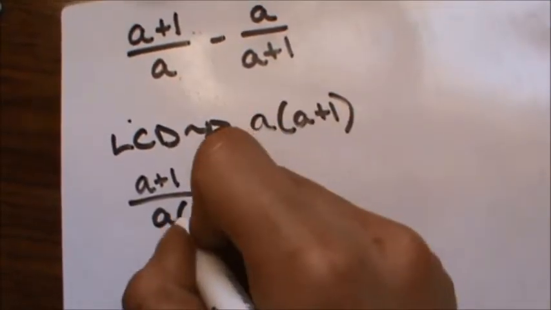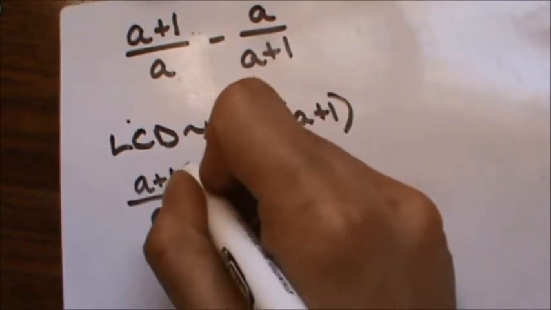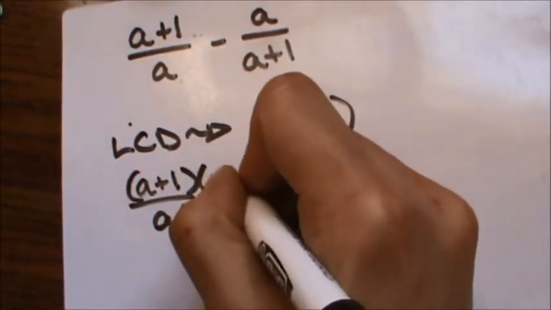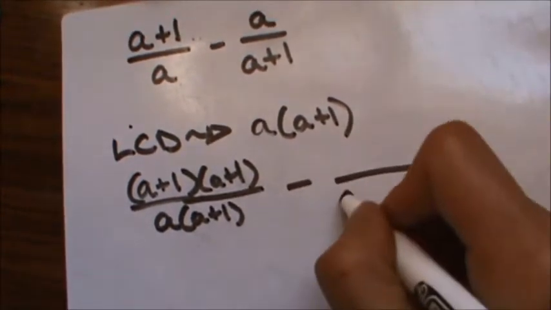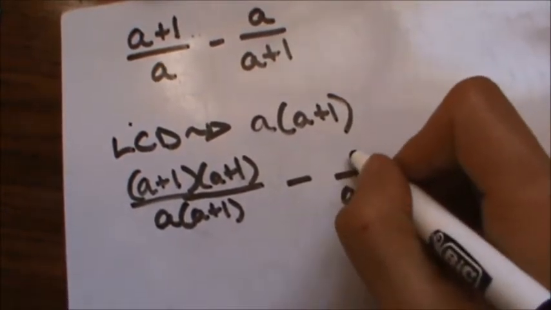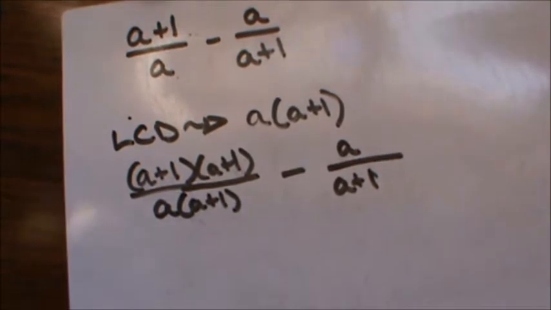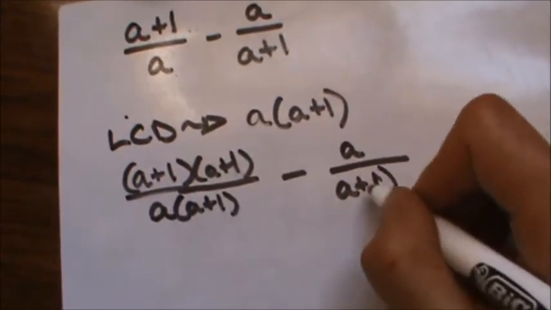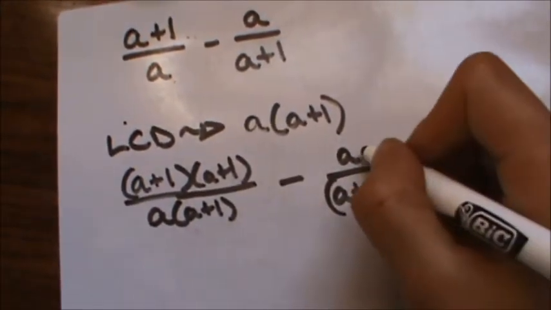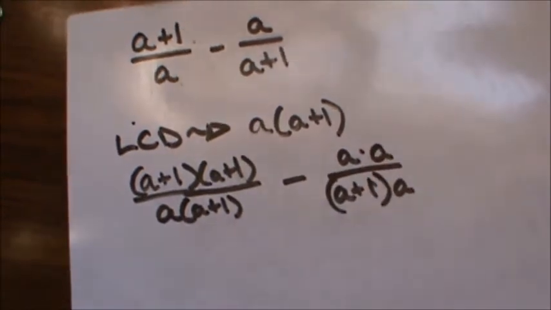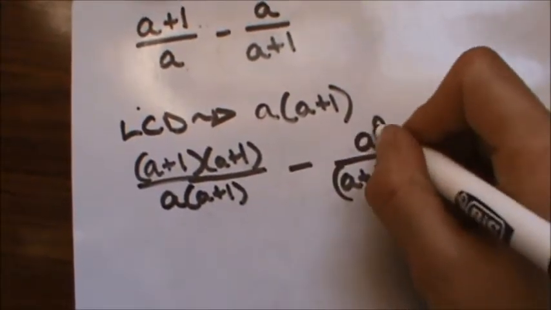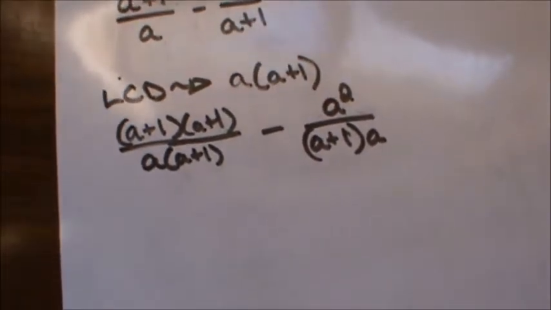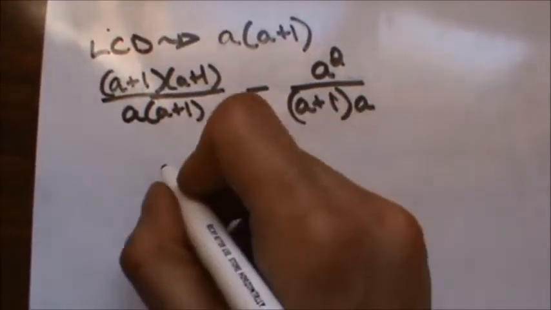What is it missing? A plus 1. That's my first. Minus my second fraction has the a plus 1. What is it missing? The a. So I'm going to multiply top and bottom by a. A times a is a squared. Now I'm ready to rewrite as one fraction.